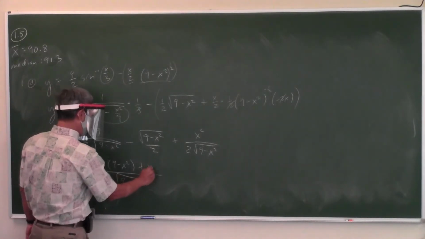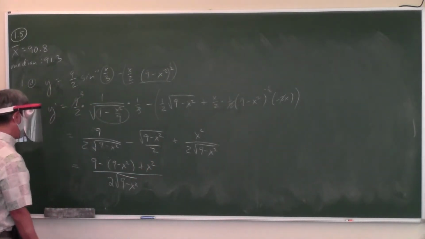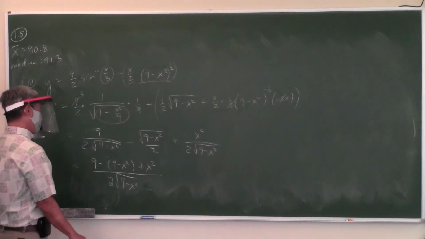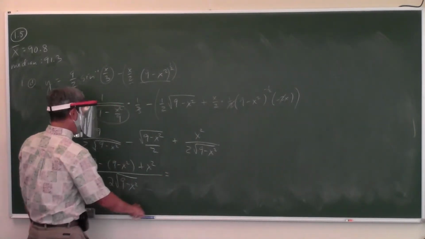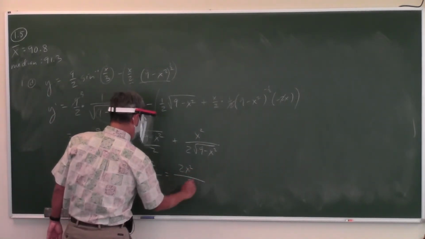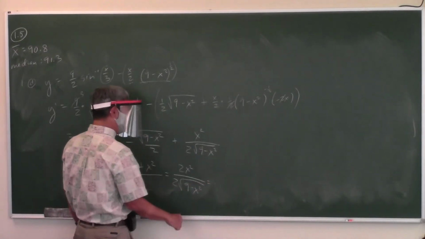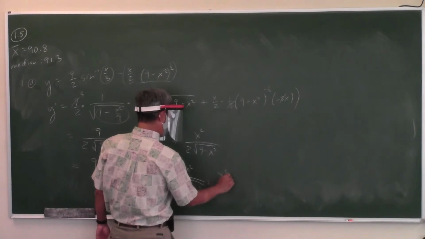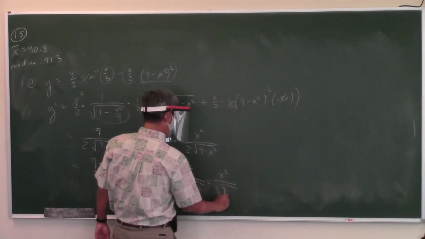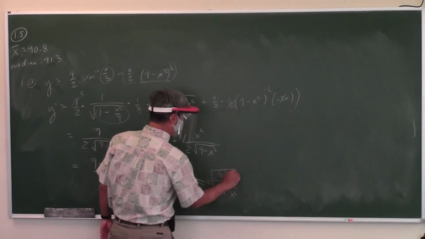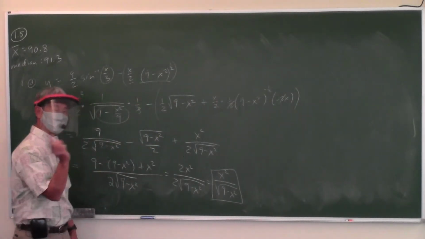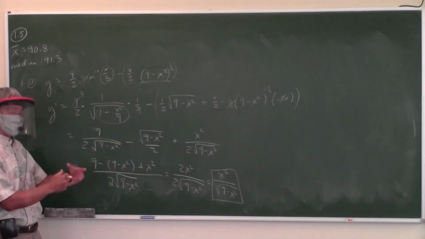And then plus x squared. 2x plus x squared. So what's left? 2x squared over 2 root 9 minus x squared. 2's cancel out. Final answer, survey says: x squared over root 9 minus x squared. And that's a pretty darn nice answer. Boom! See how I make my answers come out nice?